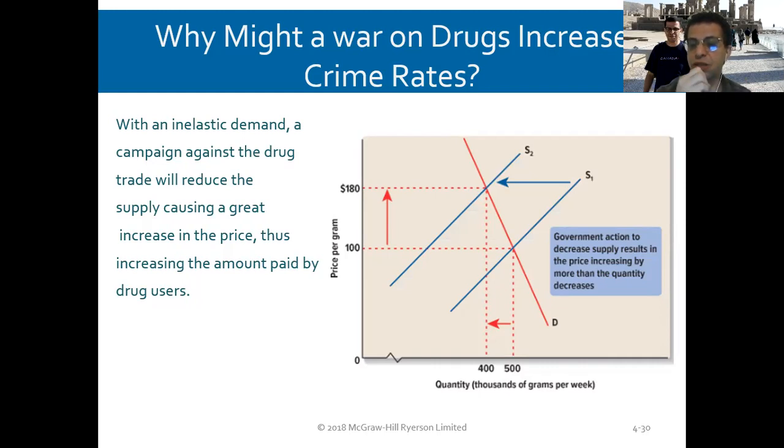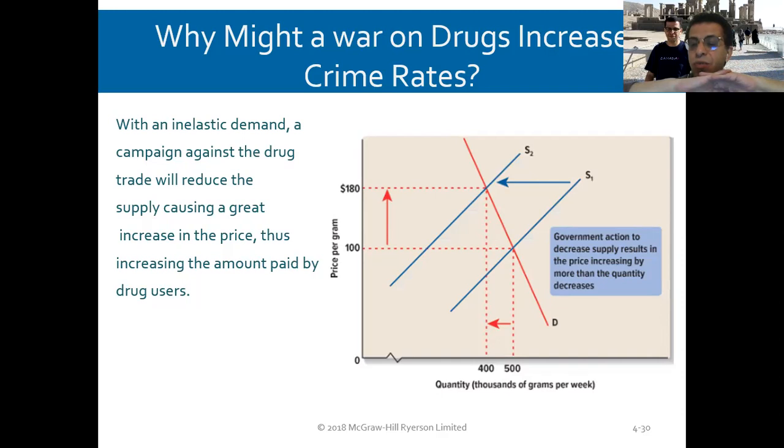So government action to decrease supply results in the price increasing by more than the quantity decreases. So really you're going to hurt the drug users, but that's okay. You want them to cut down, and if you can save 1 out of 1,000, that's okay.